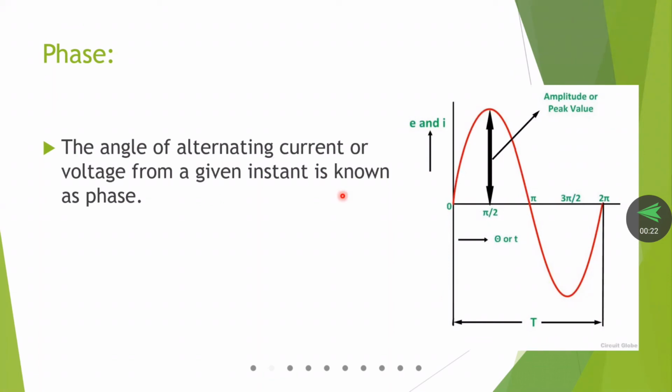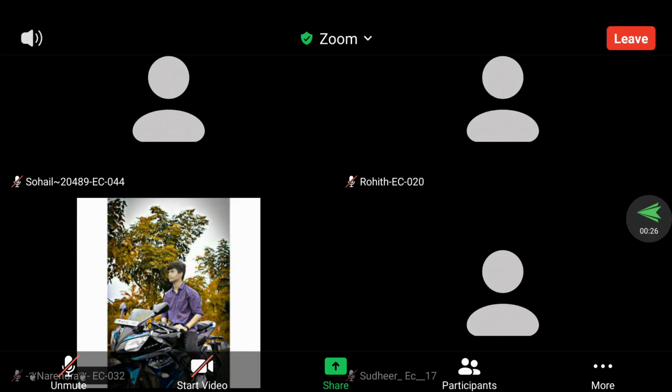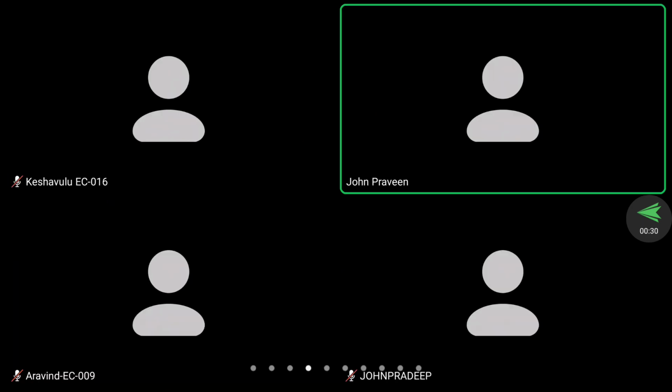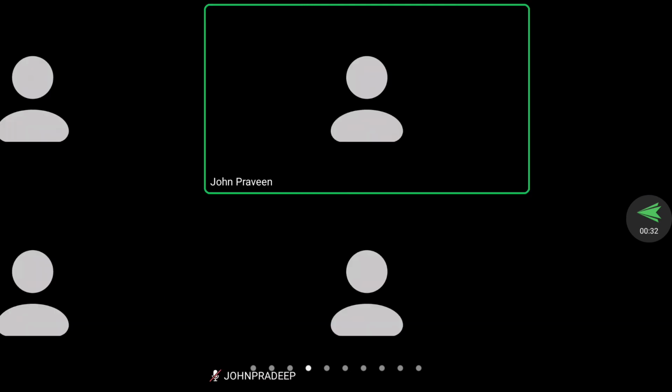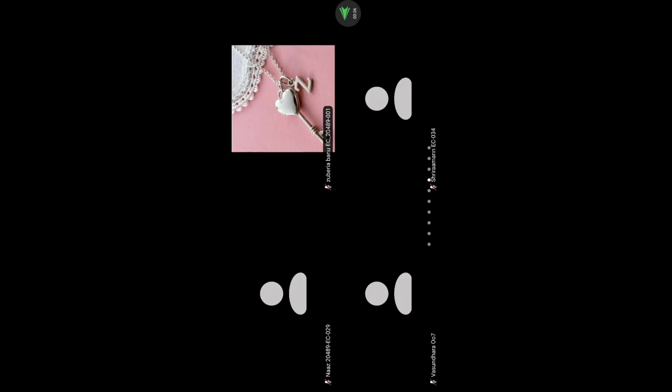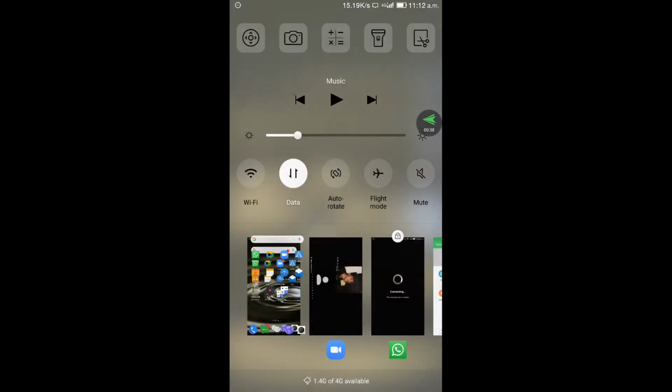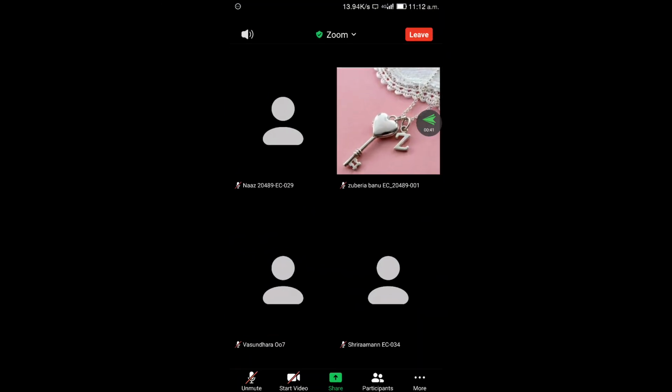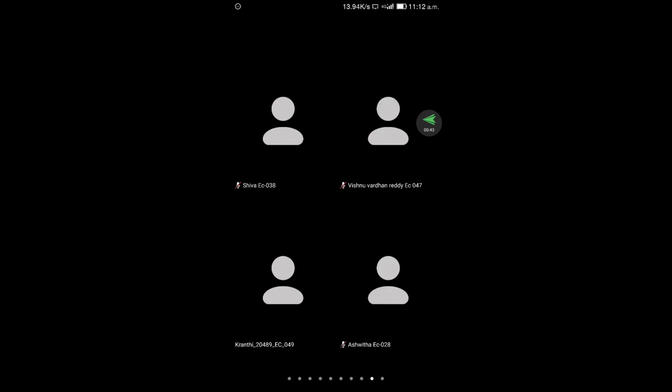That is phase. Phase is nothing but the angle of alternating current or voltage from a given instant. For example, it is 0 degrees, 180 degrees, 360 degrees, and 90 degrees.